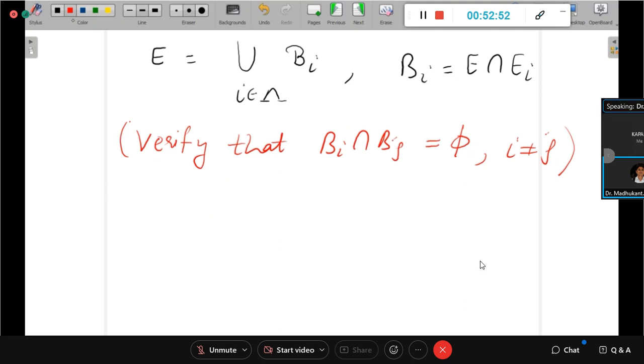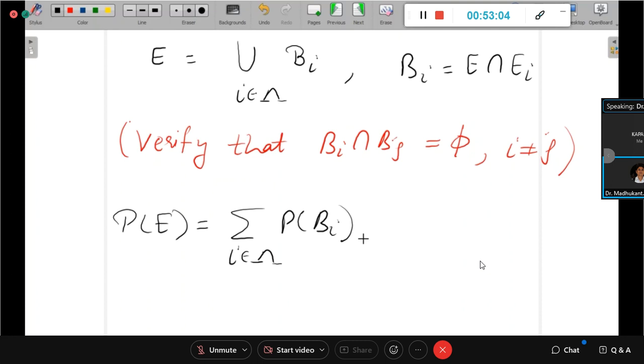Now if you apply the third definition of the axiomatic approach, this tells you that probability of E is nothing but the summation over i belonging to the index set lambda of probability of Bi, for countable collections of mutually exclusive events. Now, what is Bi? It is the summation over i belonging to lambda of probability of E intersection Ei.